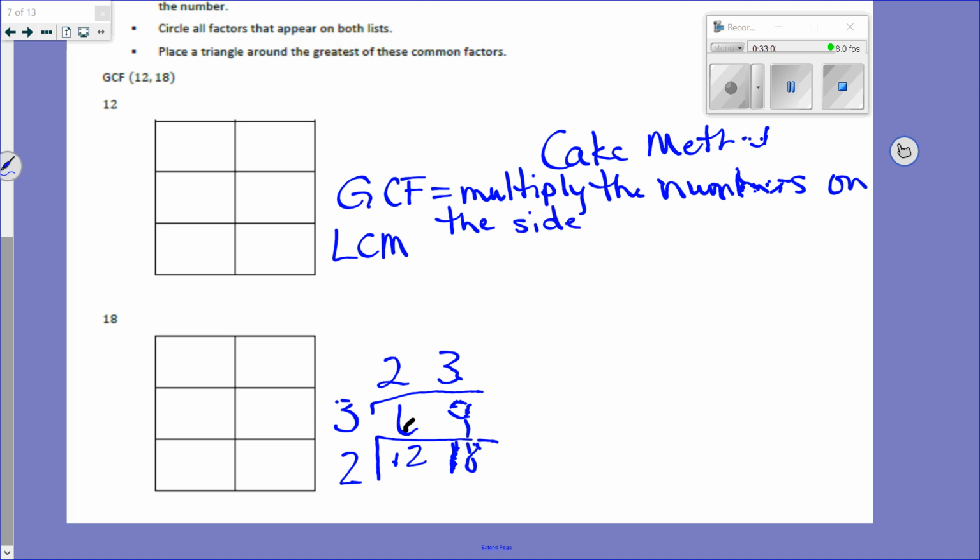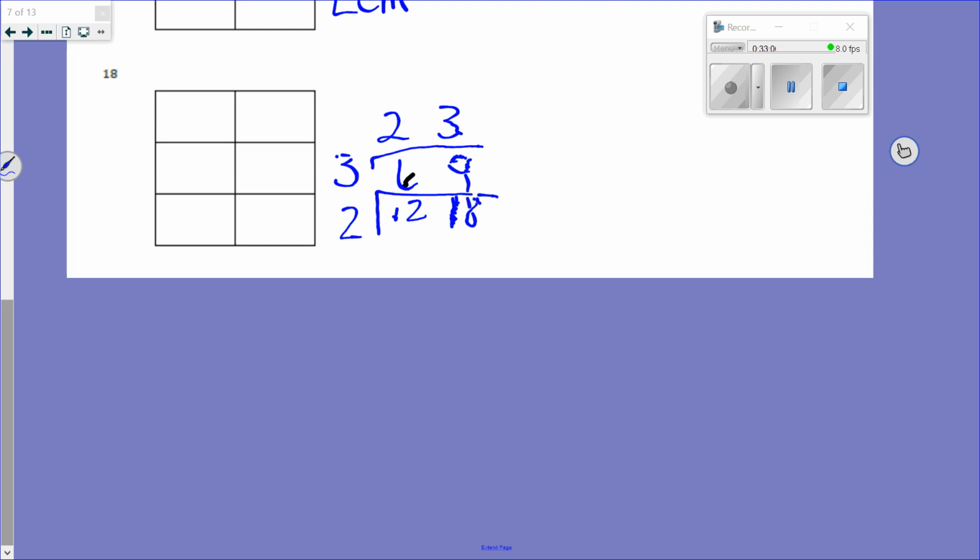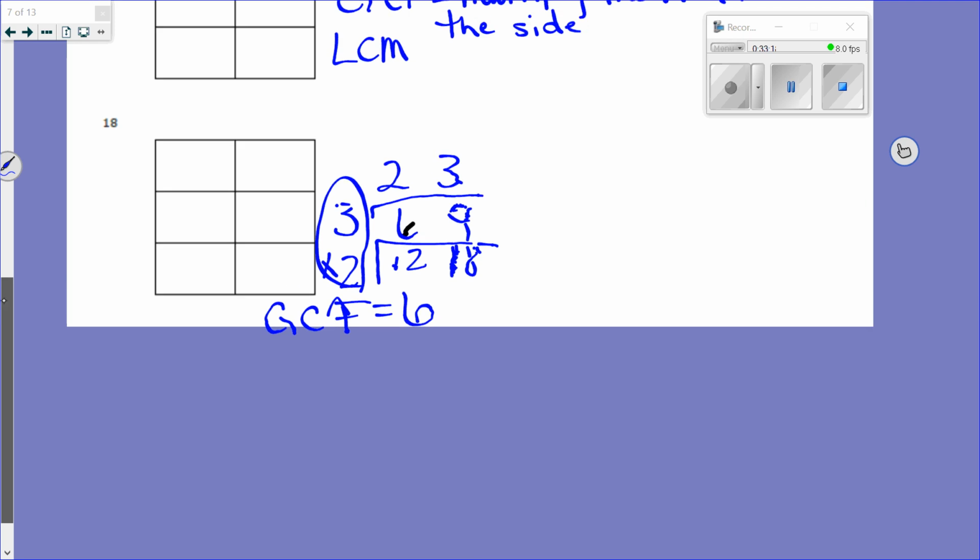So what do I mean by that? GCF is kind of like this big arrow. If I turn GCF into an arrow going straight up, I'm going to multiply 3 times 2. 3 times 2 equals what? 6.